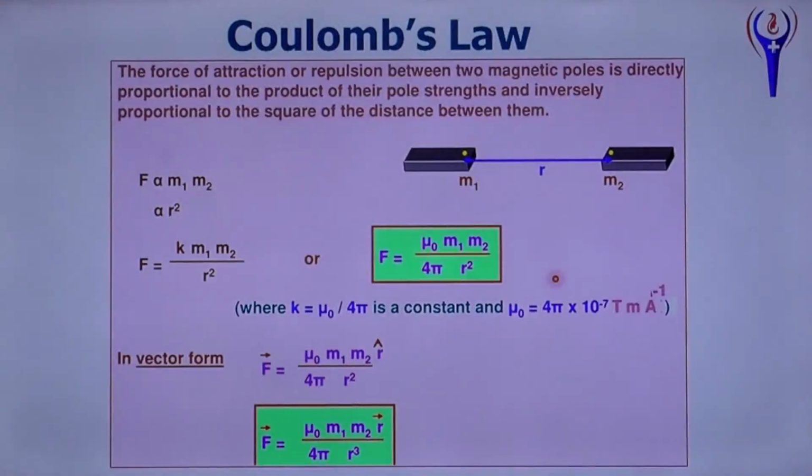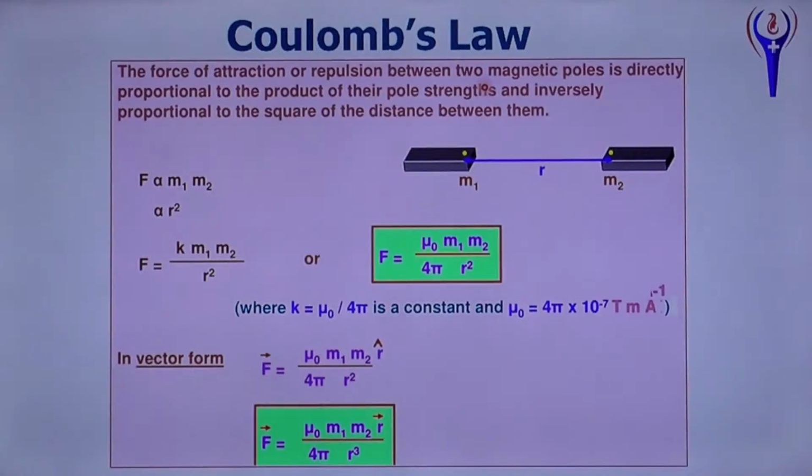Next, Coulomb's law, or Coulomb's inverse square law. That is, the force of attraction or repulsion between 2 magnetic poles. In the first 2 chapters, we discussed Coulomb's law in electrostatics, that is, the force of attraction or repulsion between 2 charges.